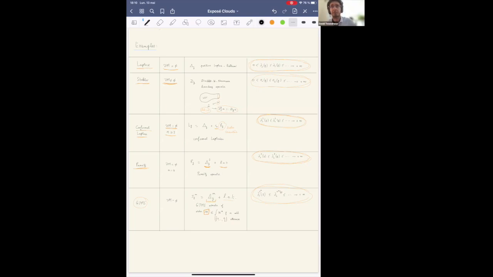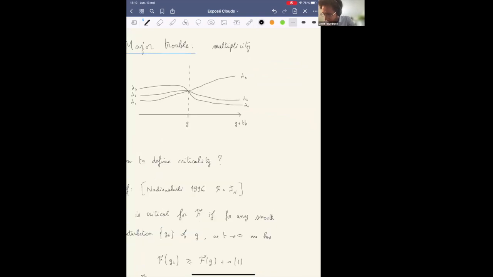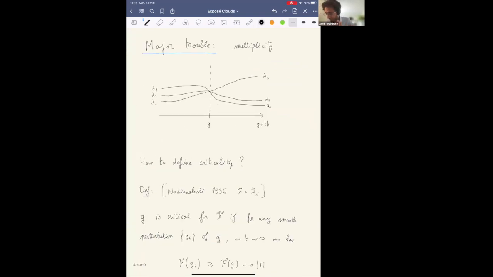No. Okay. All right. So one major trouble when studying the criticality of combinations of eigenvalues, actually studying criticality of even one single eigenvalue seen as a functional on the set of Riemannian metrics, is multiplicity. So it's well known. I've made a naive picture here.